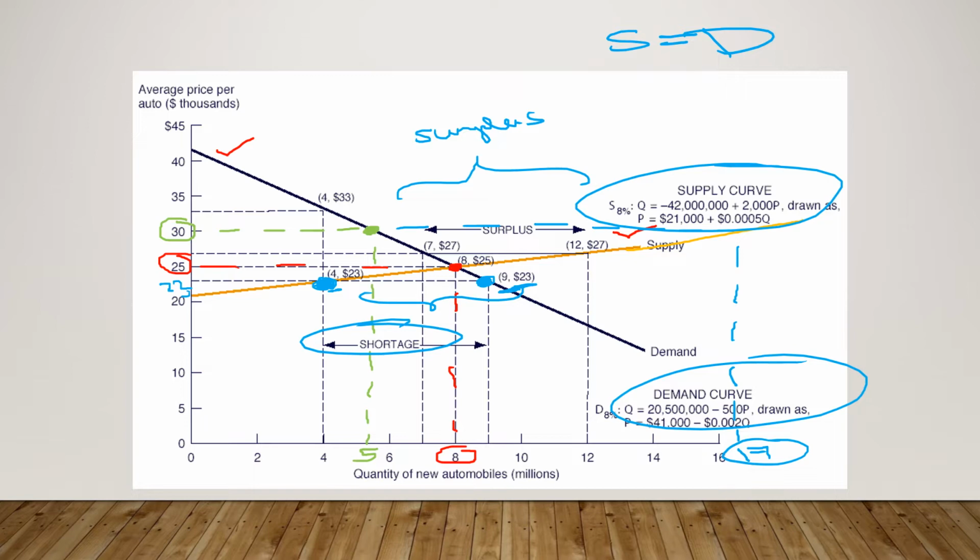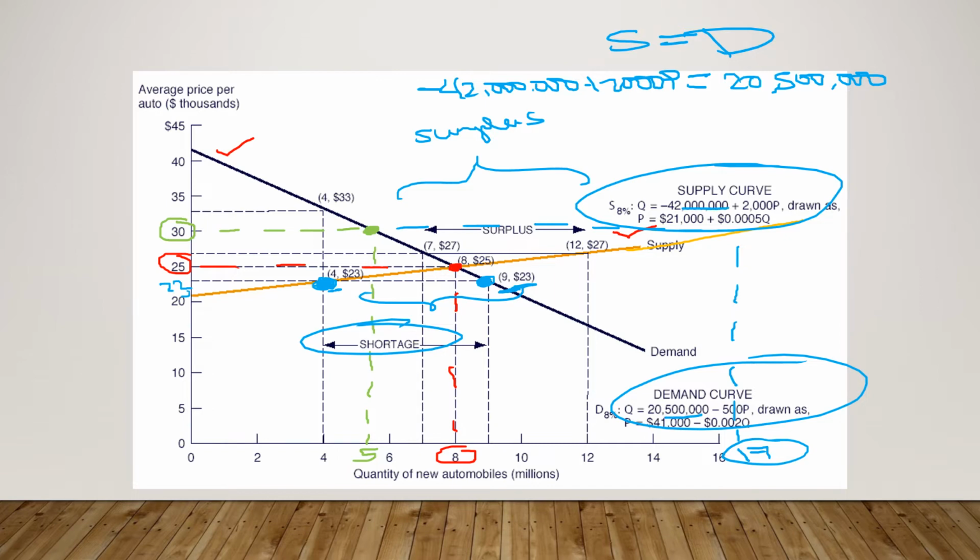So whatever your supply function is, for example, negative 42 million plus 2000P is equal to, okay, 20 million 500,000. Okay, we're getting it from here, this and this.